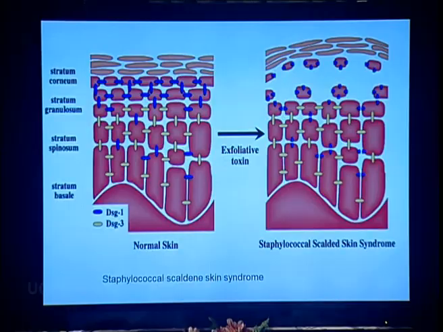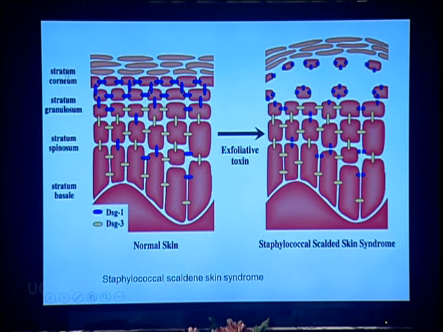Okay. Apart from that, this particular bacteria also produces another toxin, which is also a protein, called exfoliative toxin. And this particular toxin is mostly active on the skin surface. What happens is, this particular Staphylococcus colonization in the skin will produce a unique syndrome called SSSS or Staphylococcal scalded skin syndrome.